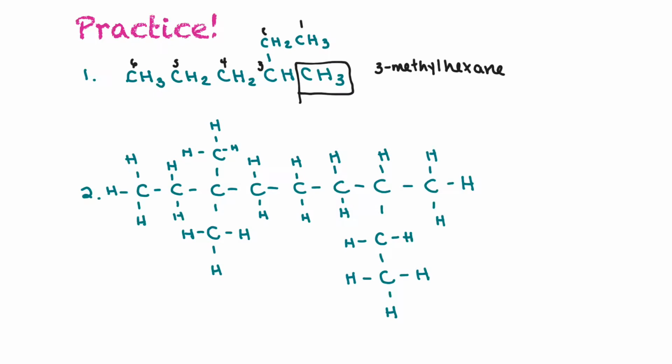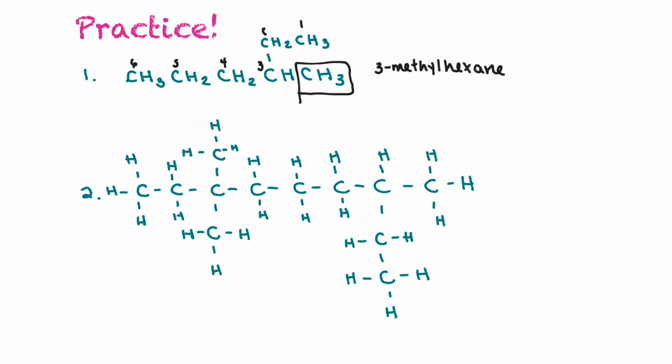For the second one, it's also a bending parent chain. If you take a look, the longest chain would be found here. So 1, 2, 3, 4, 5, 6, 7, 8, 9. And if you take a look at numbering, we have to find out on which end the first branch happens. On carbon 3, there'd be a branch here. But if we count from this end, on carbon 3, there's actually 2 branches.